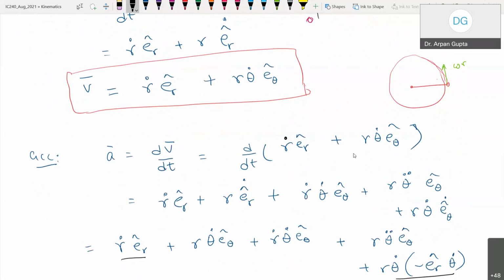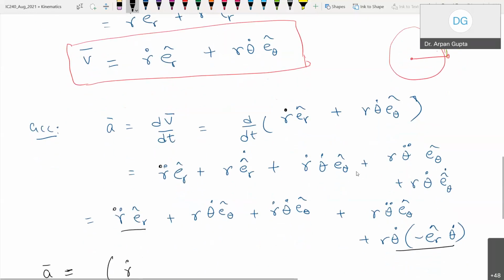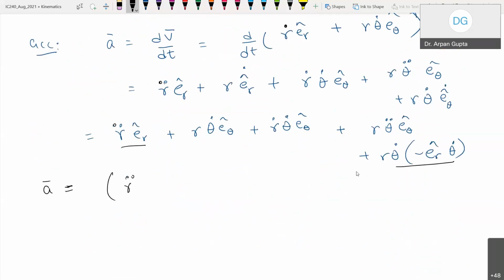Please make that correction. When you differentiate, it becomes r double dot. Yes, the first term will be r double dot minus r into theta dot square into e r cap. So this is the first term, and let's collect the theta terms together.